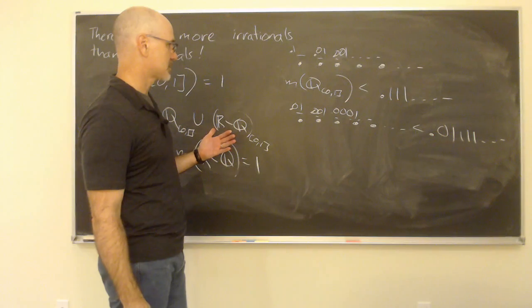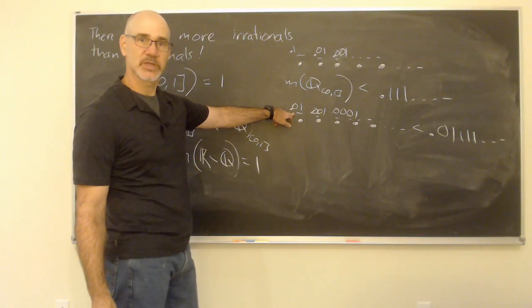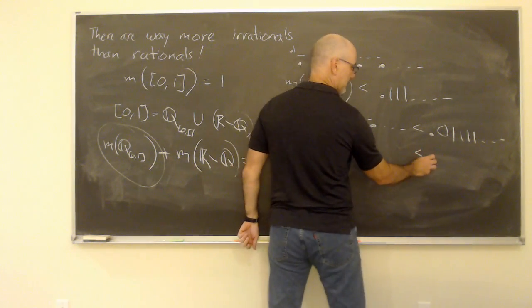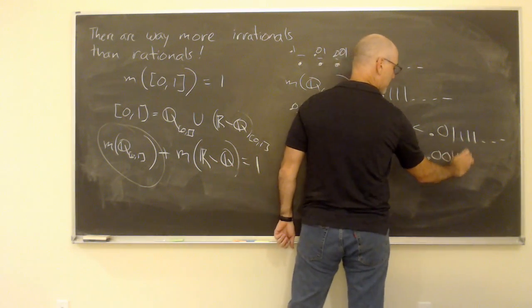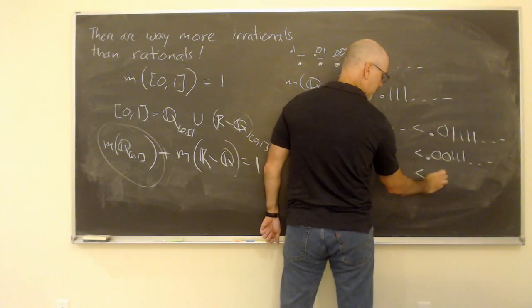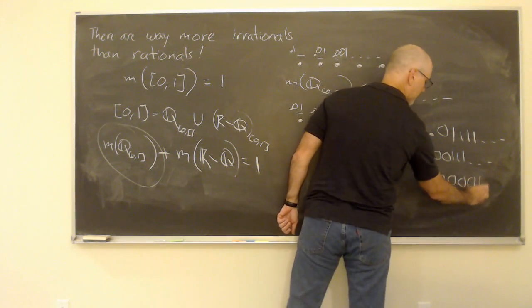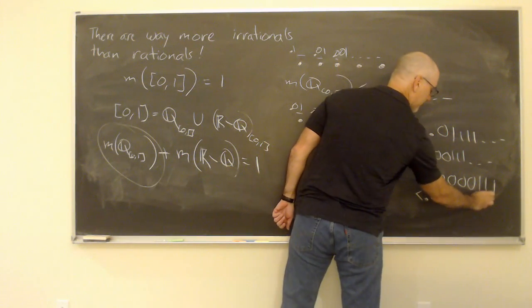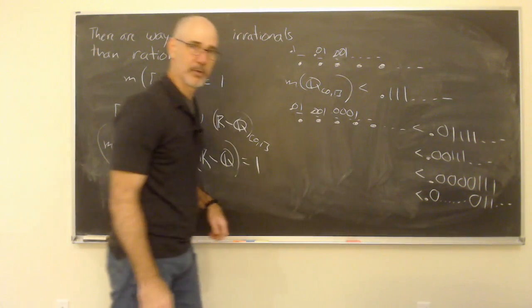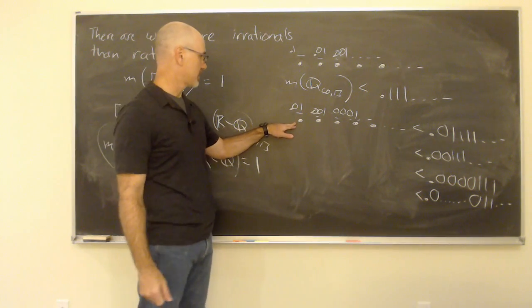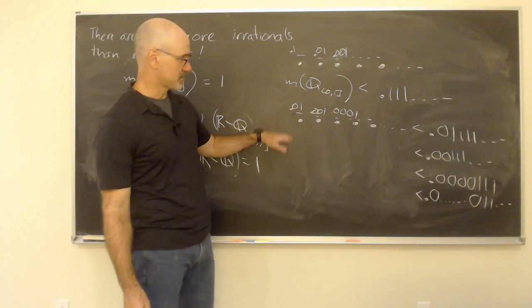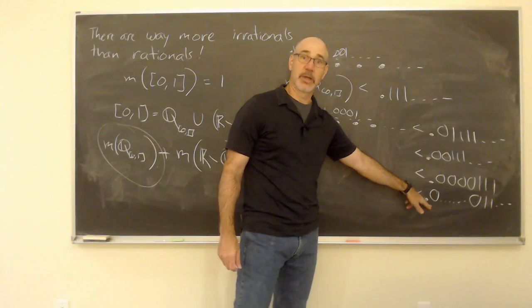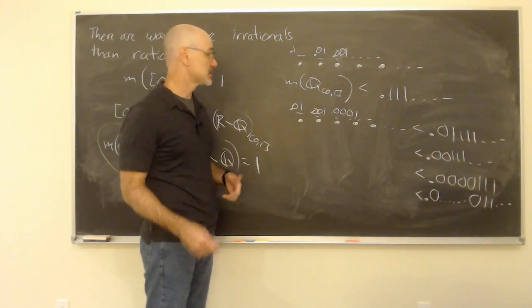But I could do this starting with as small a segment as I wish. So I could redo it and get something less than 0.00111 or less than 0.0000111. And in fact, I can arrange to cover all of the rational numbers with segments so that the total length of the segments is less than 0.0000, as many zeros as you want and then some ones.